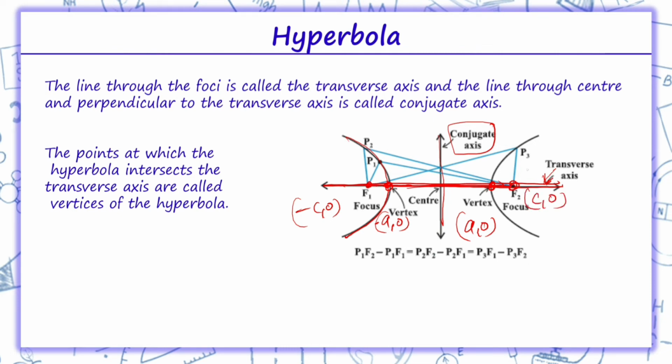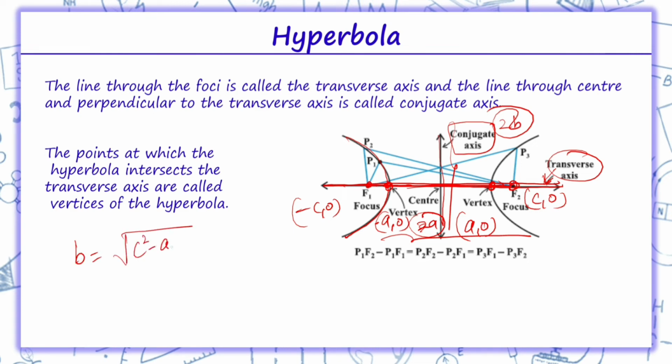The length of transverse axis is given by 2a. The length of conjugate axis is given by 2b. So the relation between b, c and a is b equals square root of c square minus a square.